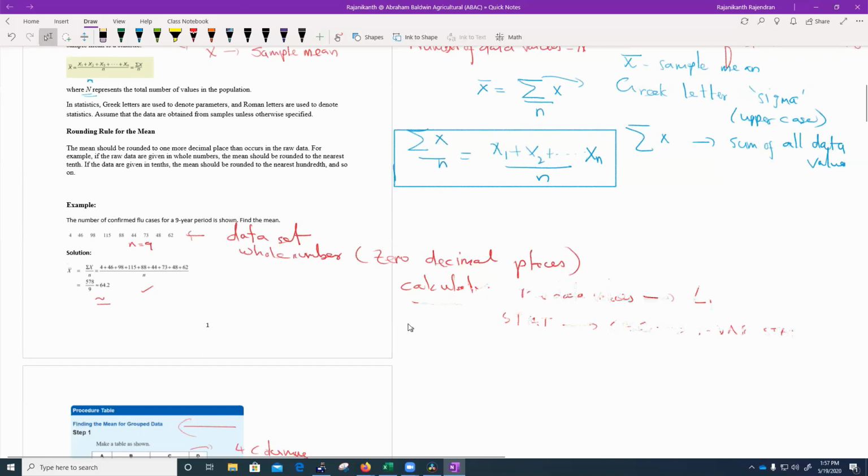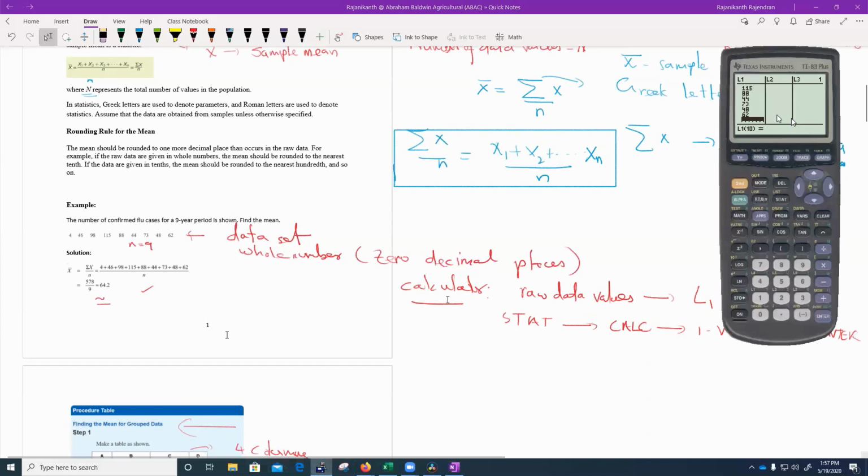Find this number, then hit enter. You will get the number summary of your data set. So after entering the data values, go to stats, calc, and number one, 1-Var Stats. Just hit enter and you will get a bunch of numbers here. This is nothing but the summary of your data set.